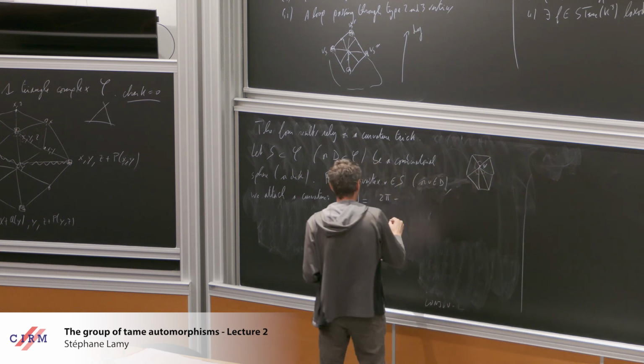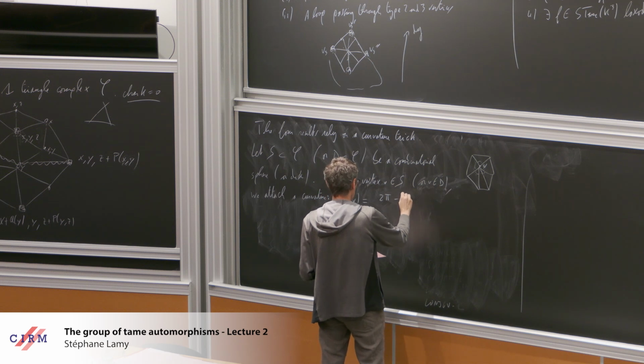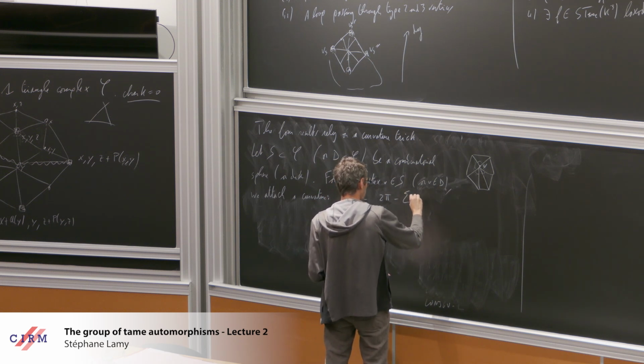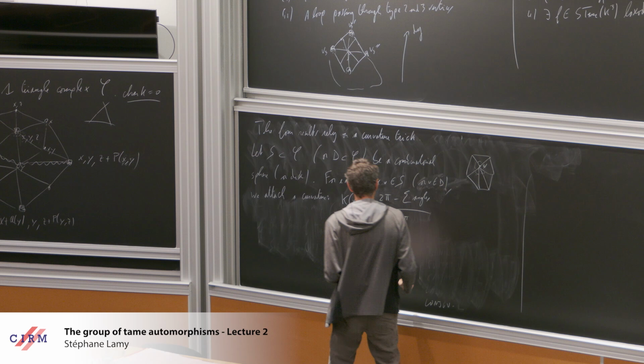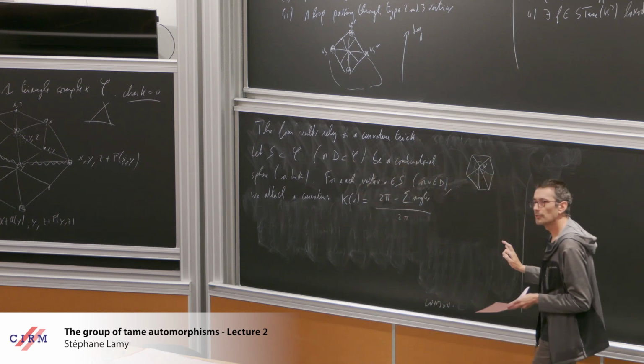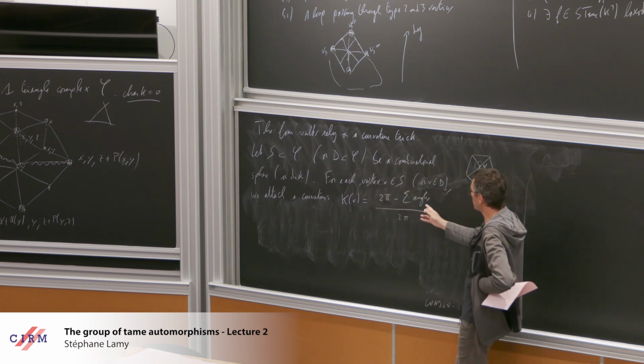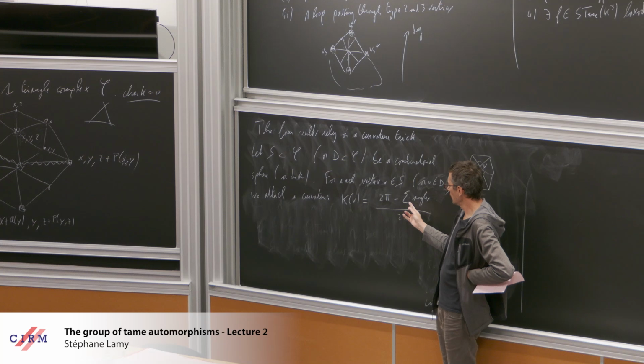So it's classical, it's the right thing to do in differential geometry. So you take 1 minus the sum of the angles over 2 pi. So that should be the definition. If the sum is 2 pi, the curvature is 0. If the sum is less than 2 pi, the curvature should be positive.